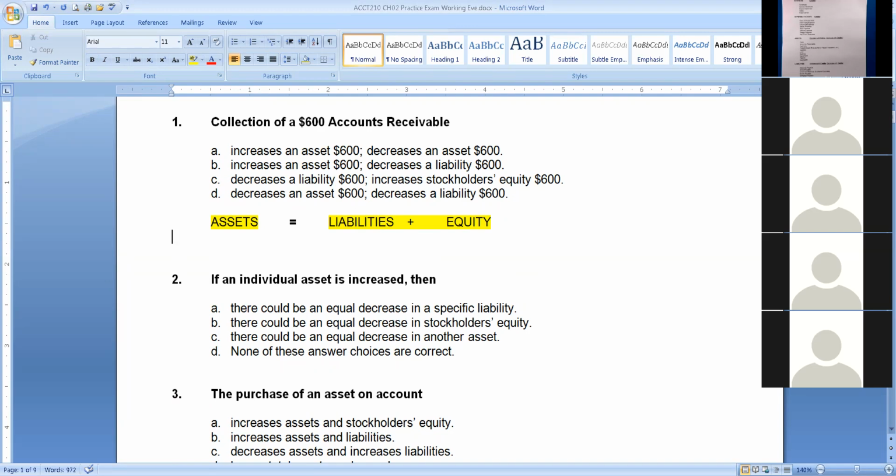Anyway, number one, collection of a $600 accounts receivable. Well, what accounts are we going to use?